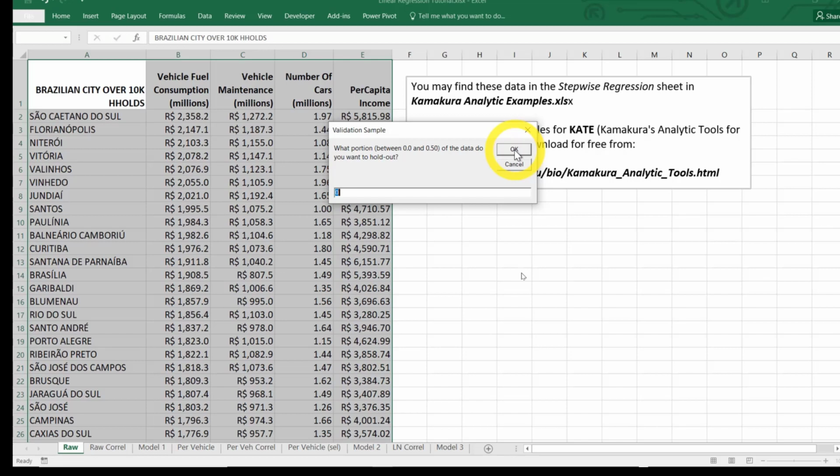So here, let's say, I reserve 30% of the sample for holdouts. It's going to calibrate the model on a random sample of 70% of the cities that I have, and then predict the fuel consumption for the other 30% and compare the prediction with the actual data. So it makes predictions outside the sample on a holdout.